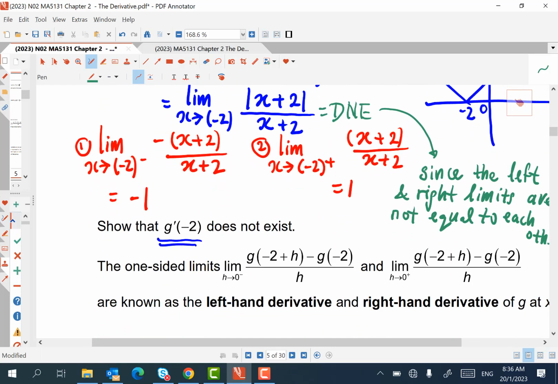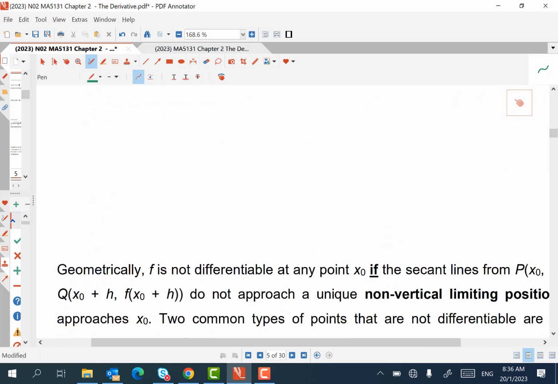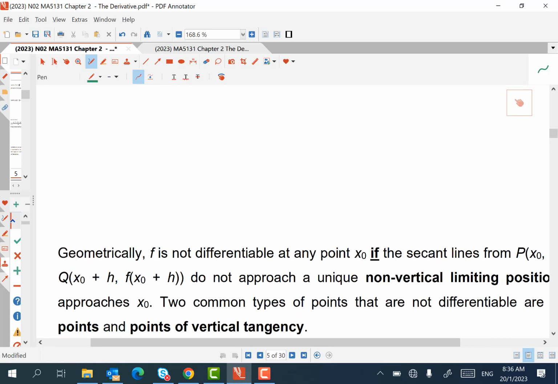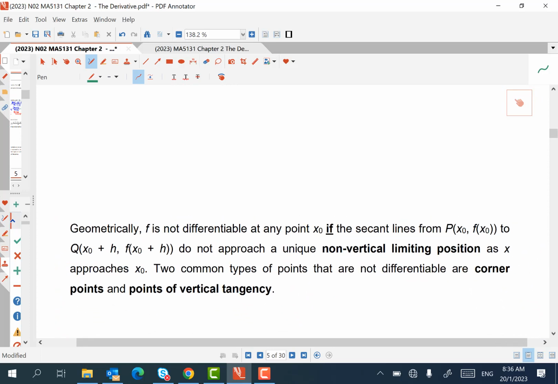The space below that is for you to work it out, just like I work it out on top. So here you put a remark, that if the second line, sometimes people call it the second line, some people call it a quad, if the second line does not approach a unique limiting position.